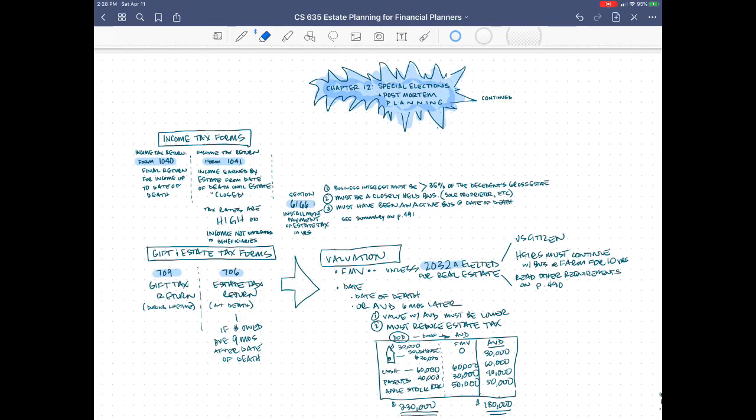You might do this if you're the spouse of the decedent and perhaps you've received all of the assets that you want, and as part of the planning process, you've just decided you would rather disclaim that asset and have it go directly to somebody else so that you don't have to have it in your estate upon your death. So it's not a gift from you. It's essentially just bounced right off of you and went to the next person. More on disclaimers is outlined on page 491.